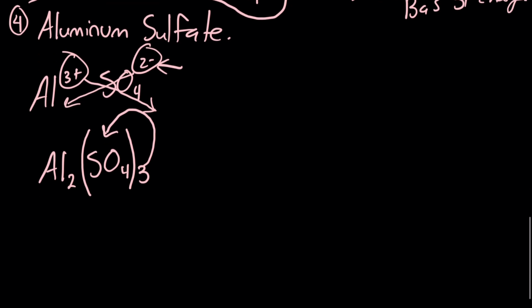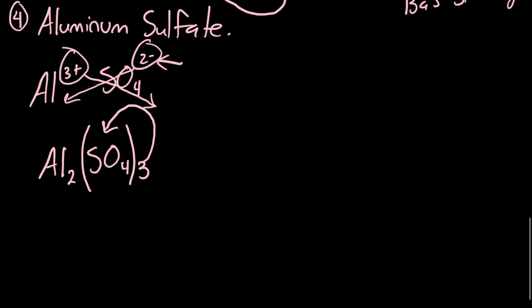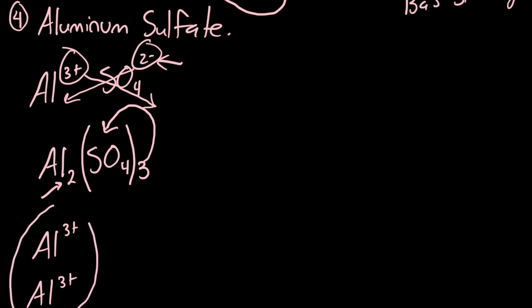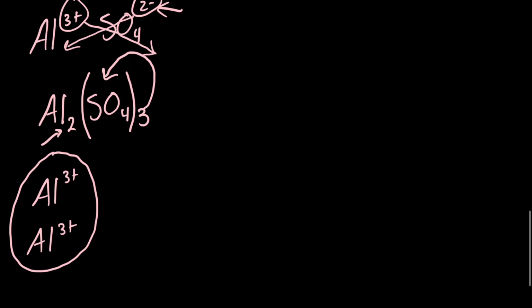So what this means, let me draw it out in a little bit of a different way. This means that we have 2 Al 3 plus, and we get that from this subscript here. Okay, so if we were to circle this and assign it a charge, the charge of this whole bubble would be +6. And now we have 3 SO4, 2 negatives.